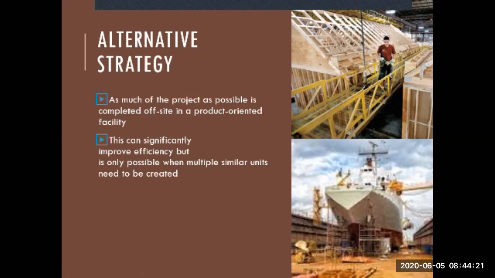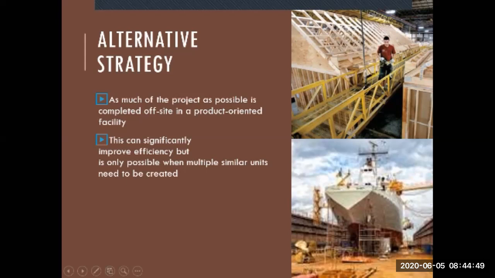They complete these offsite, then just bring them to the site and assemble them. But now you can see here, though not yet in Malaysia, that in Malaysia we just build some components offsite.